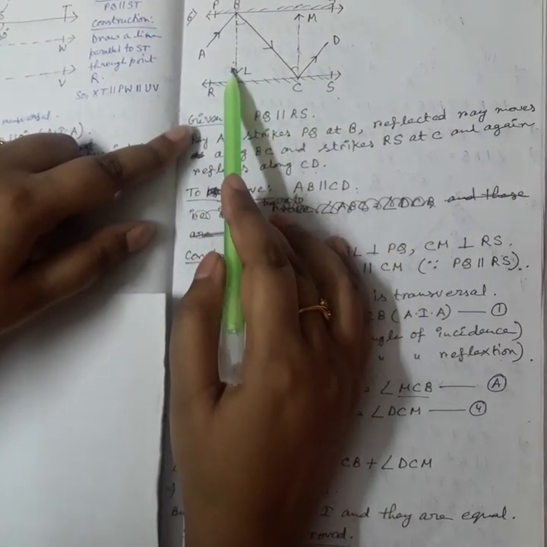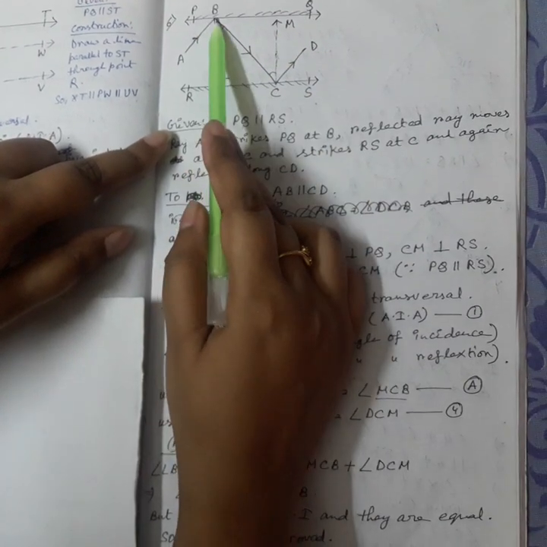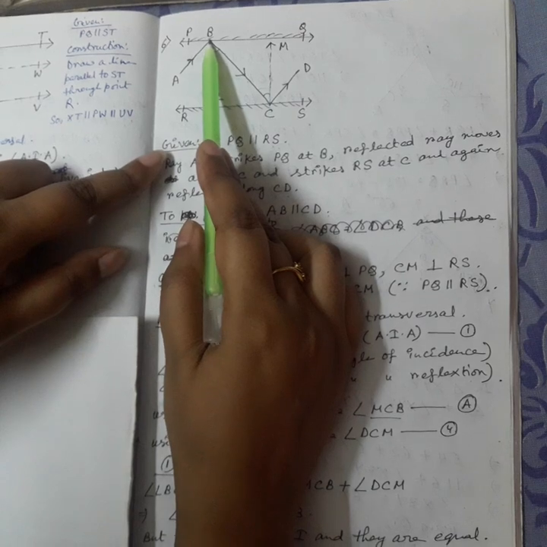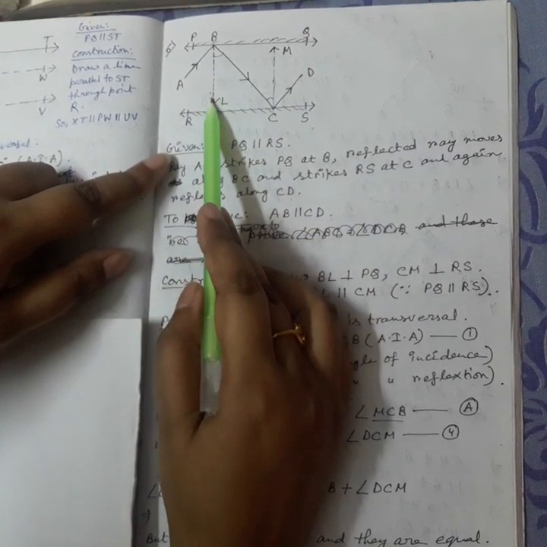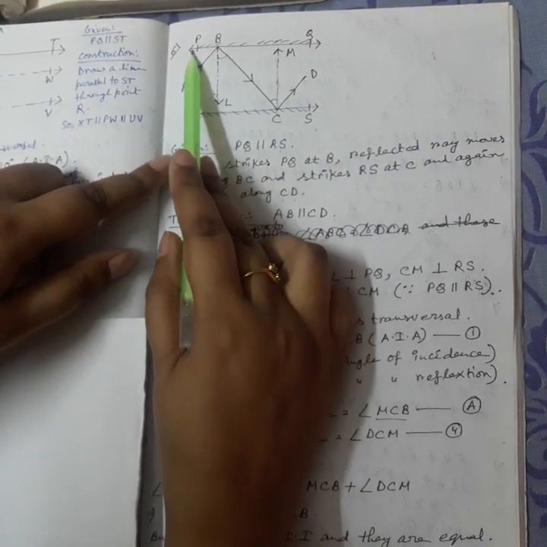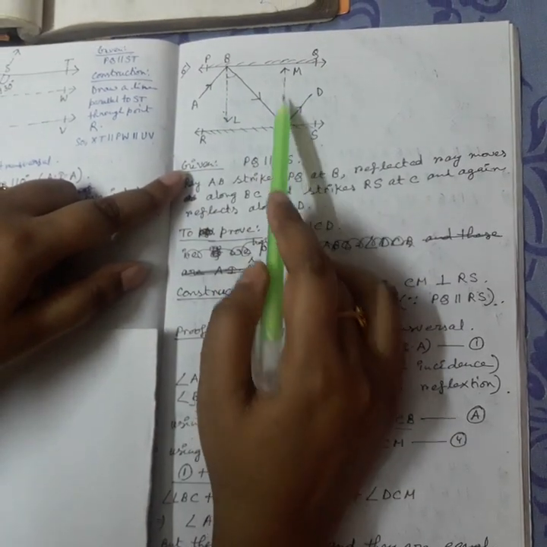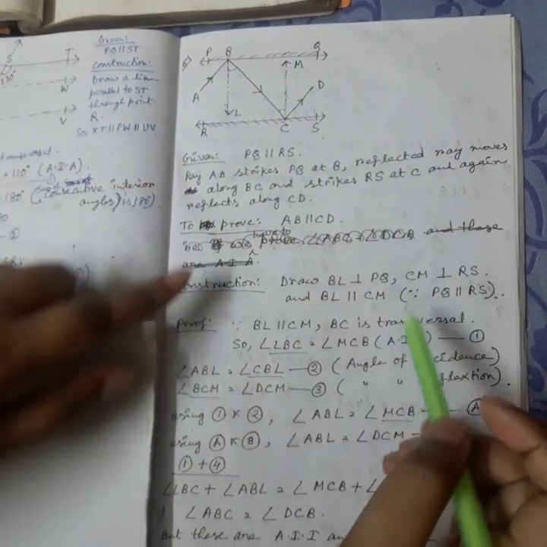This is the normal. In physics you have done when incident ray and reflected ray are there in the middle on the mirror, we have to draw one normal, and normal is perpendicular to the mirror. So here BL is perpendicular to PQ and CM is perpendicular to RS.